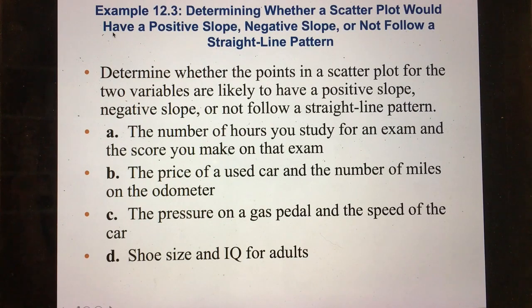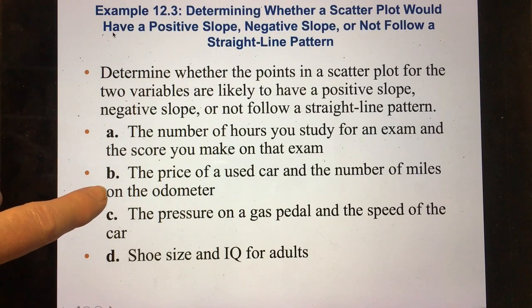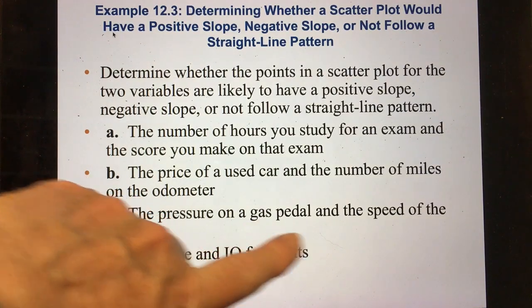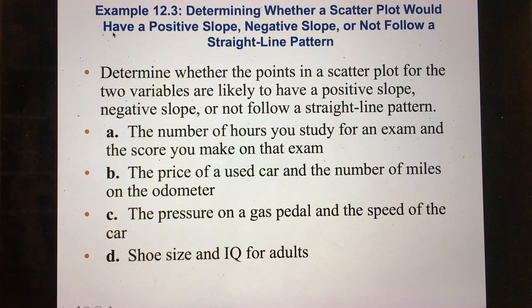The price of a used car and the number of miles on the odometer. So we know that the price of a car goes down as the number of miles it's been driven goes up. So that would be a negative correlation, therefore a negative slope. The pressure on the gas pedal and the speed of the car. Again, as the pressure on the gas pedal goes up, the speed of the car goes up.